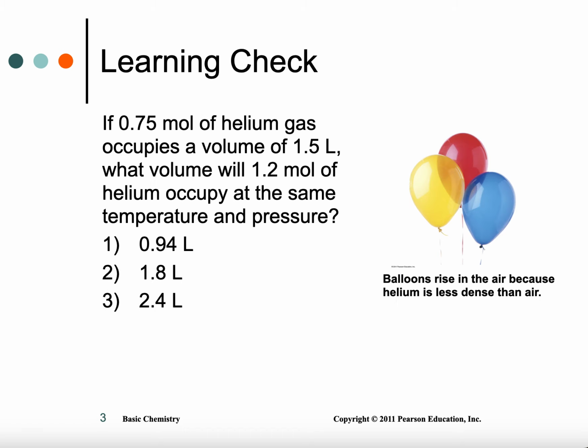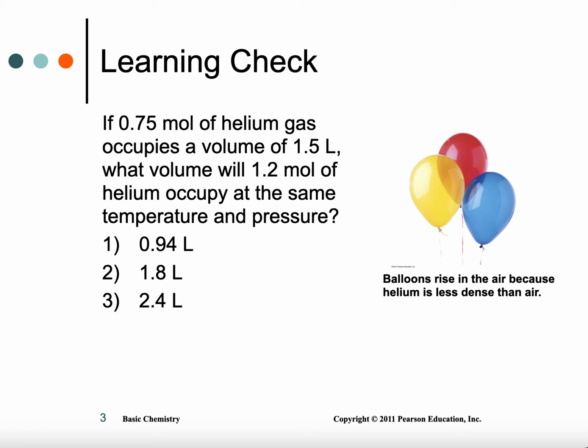So if 0.75 moles of helium occupies 1.5 liters, so that's how big the balloon is, what volume when you make it 1.2 moles? Well, if I increase the moles of gas from 0.75 up to 1.2, I'm going to increase the volume.